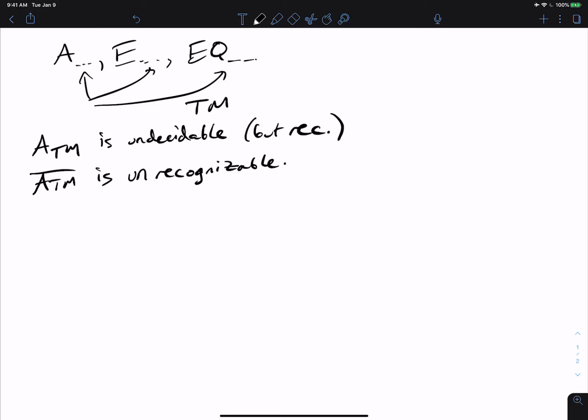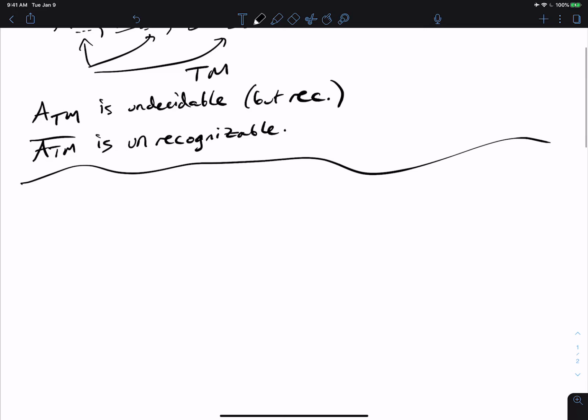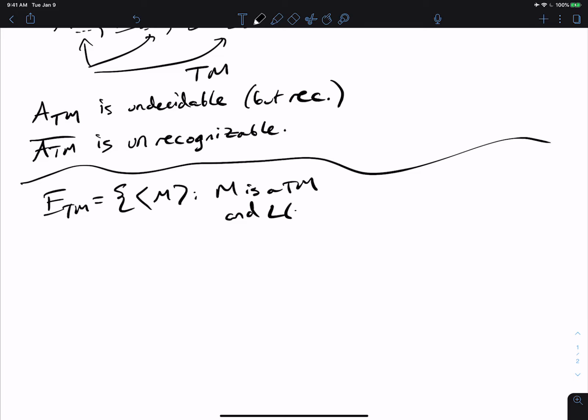Okay, so we tackled the A problem, so let's tackle the E problem. ETM here is all the machines M, where M is a Turing machine and L of M is empty. We want to check whether the Turing machine's language is empty.